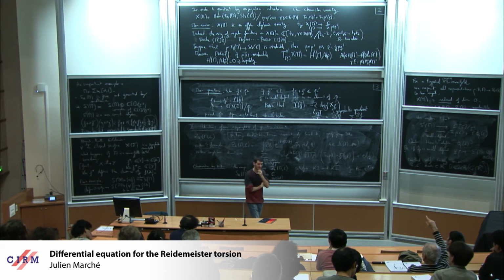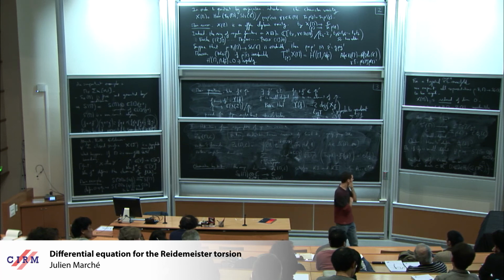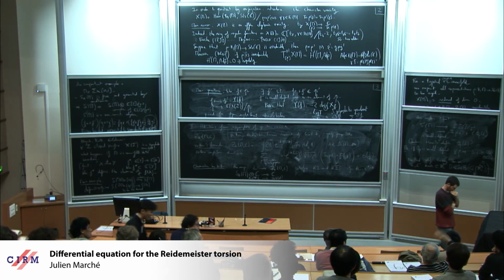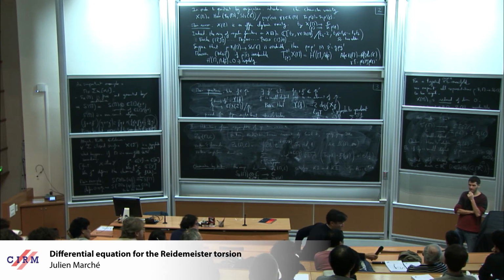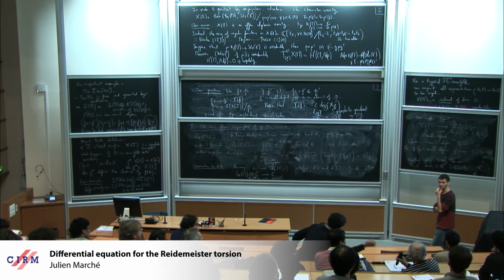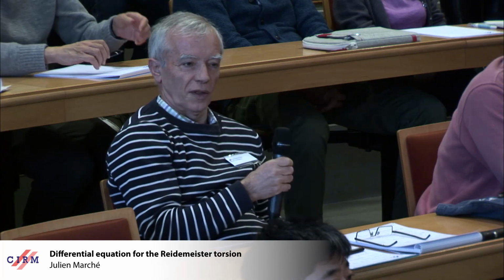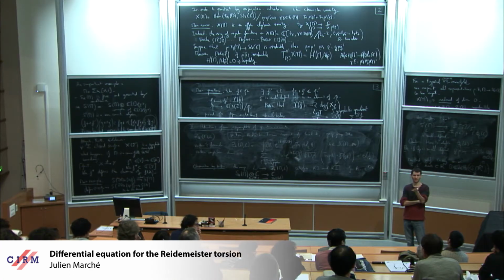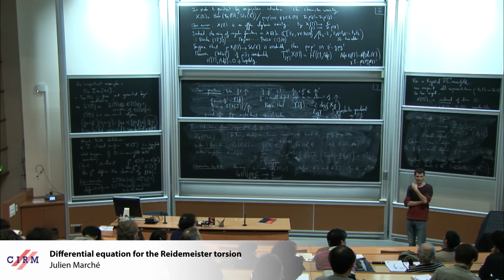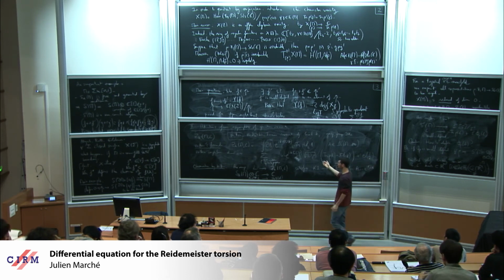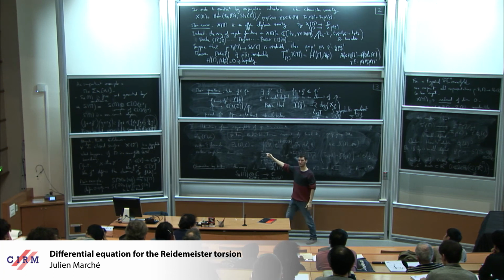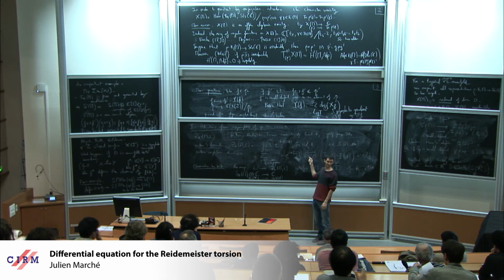Other question or comment? You think there is a chance to extract this phi rho from the quantum invariant at a big order root of unity? Yes, I believe this generalized Witten conjecture should be true. But you would like an independent definition. Yes, this is what I said. Before proving the Witten conjecture, you have to define the terms which are inside. For instance, in order for this conjecture to make sense, even if you don't put any link inside, you should have a sum over representations where the torsion is well defined everywhere.